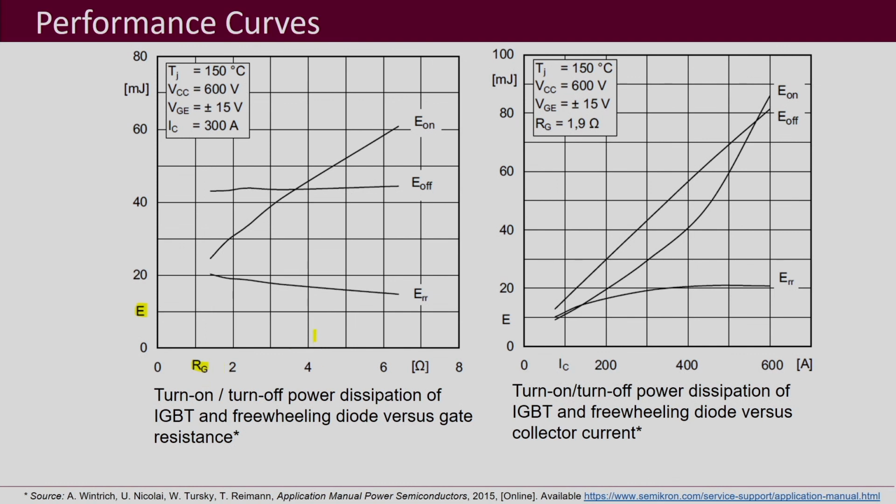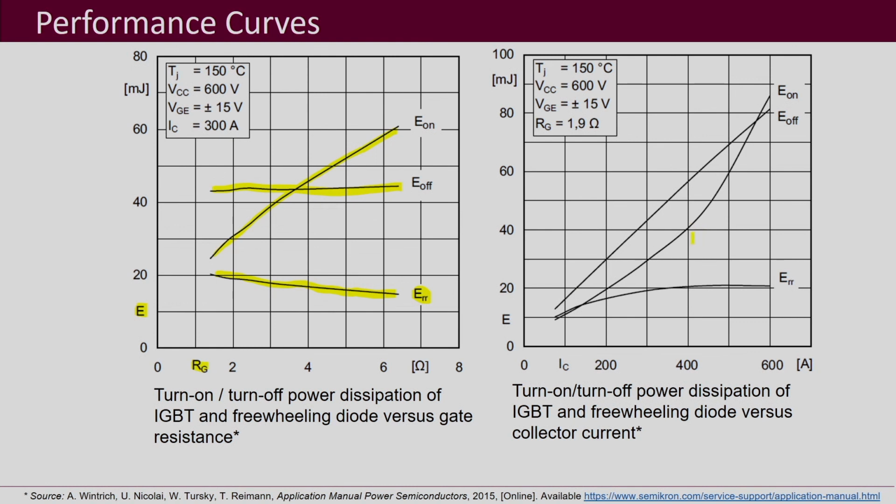Correspondingly, as we increase the gate resistor, the turn on losses increase a lot, as you can see here, whereas the turn off switching losses do not increase so much. And this is your diode reverse recovery loss, ERR, associated with the diode. We do not see much change there, in fact a slight decrease is observed as the gate resistance RG is increased.